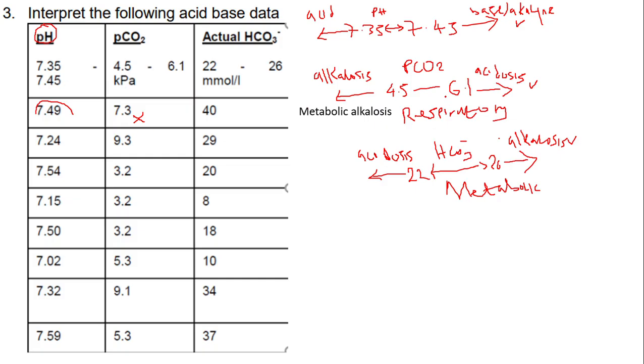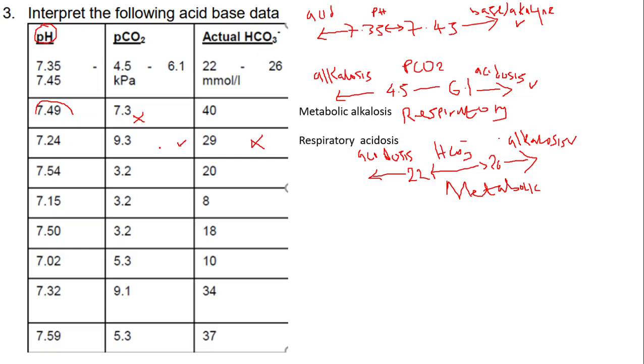It's an acidosis, right? 9.3 from partial pressure is acidosis. So here it's correct: respiratory acidosis, because the pH is in acid form. Now for metabolic, it's 29, saying it's metabolic alkalosis. So this one will be invalid, because the pH itself is going this side, which is respiratory acidosis, because the pH is in an acid form.